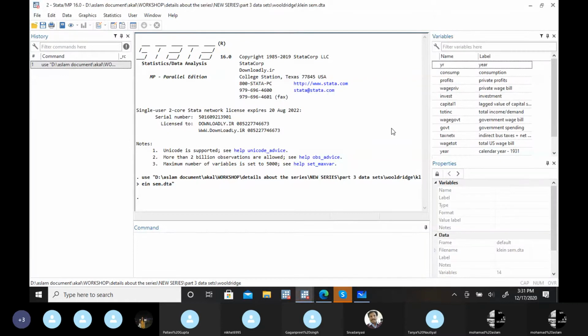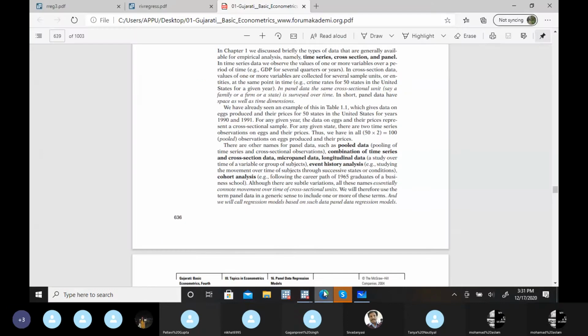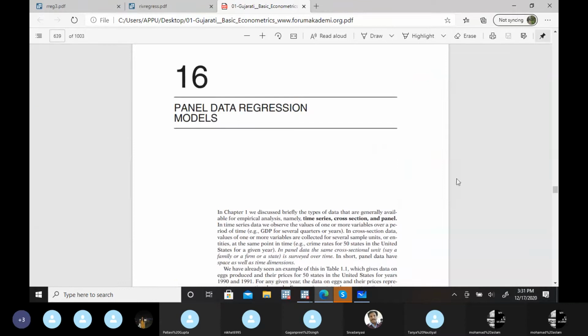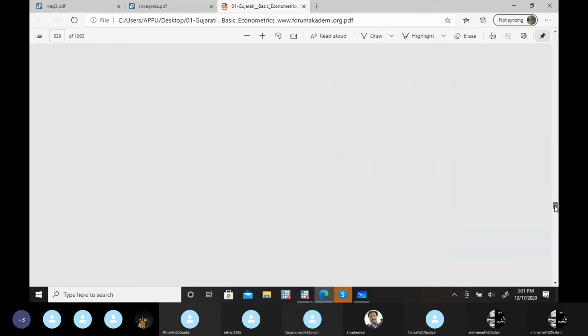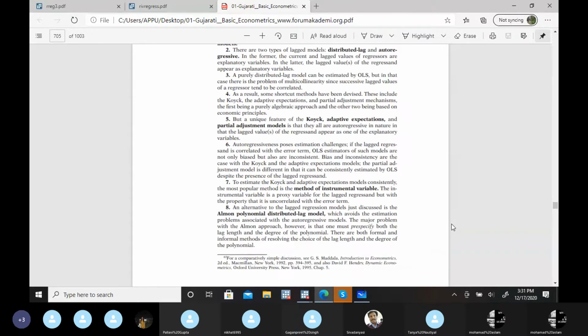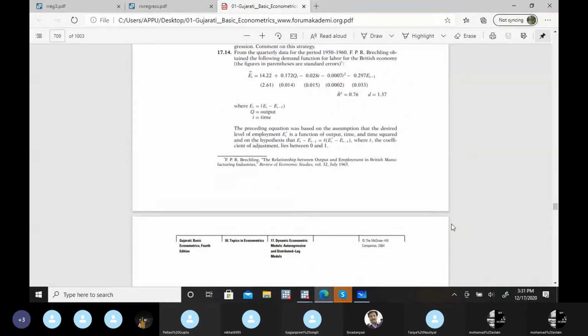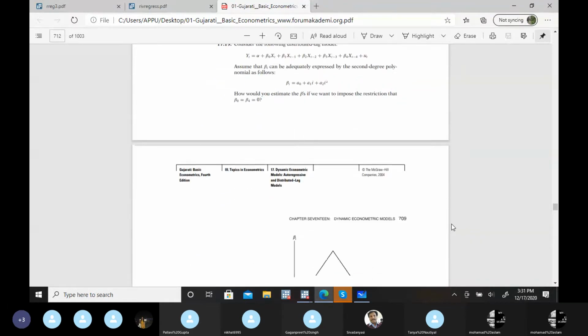This is from the Klein model. Now I'm taking this example from Gujarati. I need an example for the ILS method and the 2SLS method.